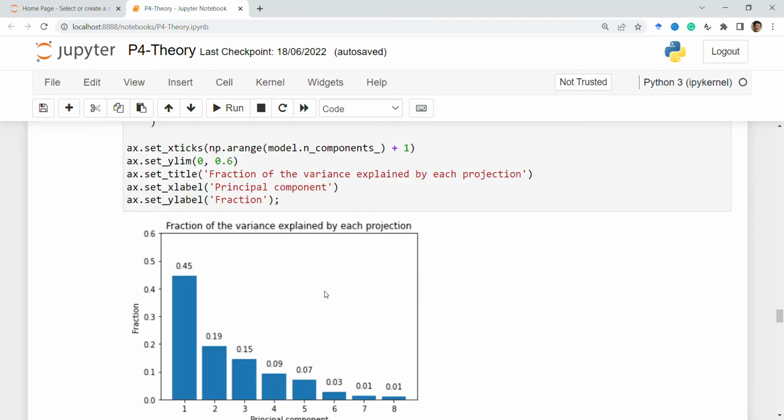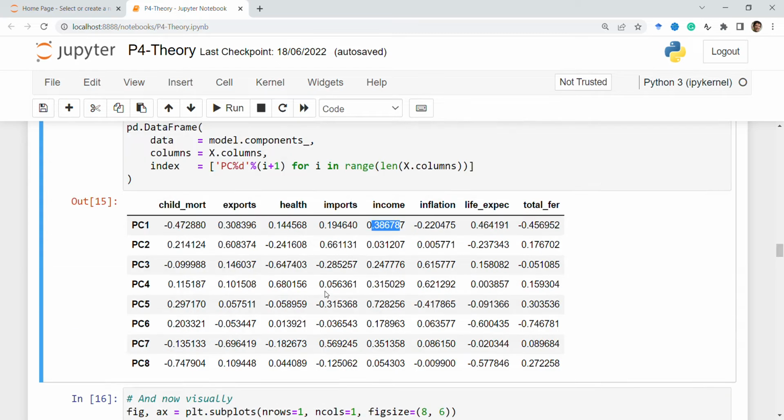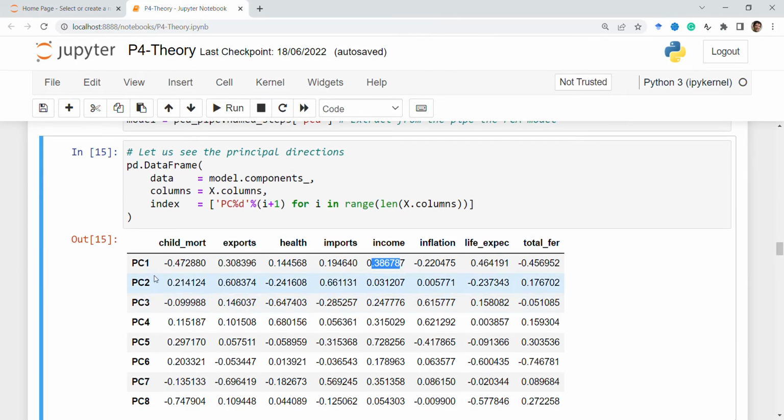Okay, so what about PC2? So for PC2, to project high here, we should have high exports, high imports, and on the other side it is not so clear, but on the other side you would need low health and low life expectancy.